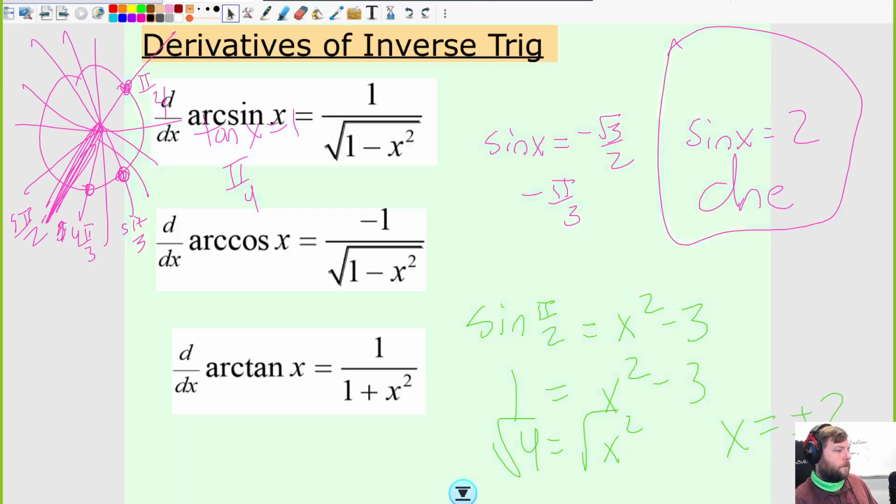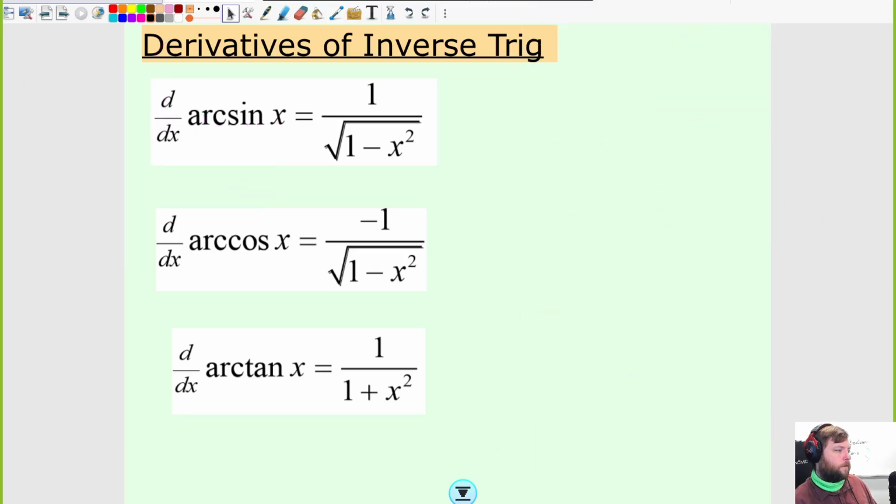All right. Now, this is the important part. That's all pre-calculus. The reason we do this is the derivatives of the inverse trig, and we only have 3 of these. And this is something you memorize and then you forget right after the test, I think. They're very similar. The difference here is arc sine is positive.